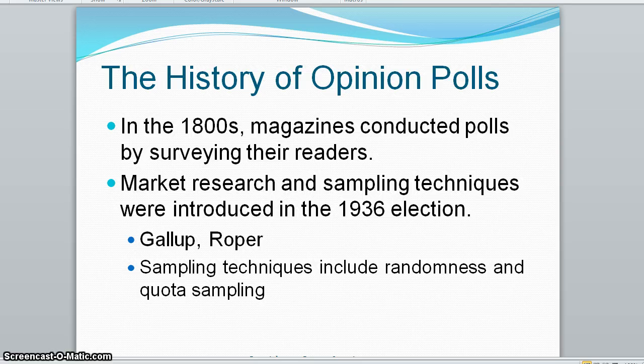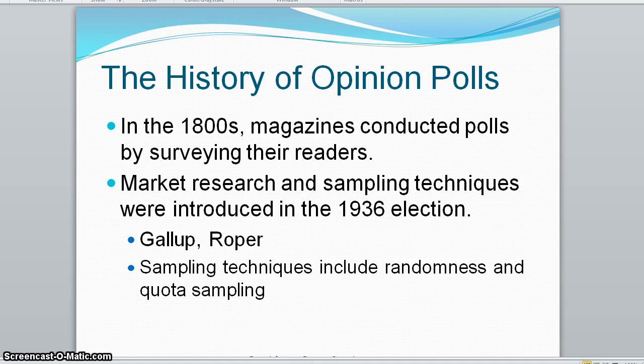What they found with the magazines is their subscribers were much wealthier than the average American, so the sample wasn't really representative of the larger population. So Gallup, Roper, and other folks in the 1930s did foresee the victory by FDR, using modern research techniques and creating respected survey organizations that remain today.